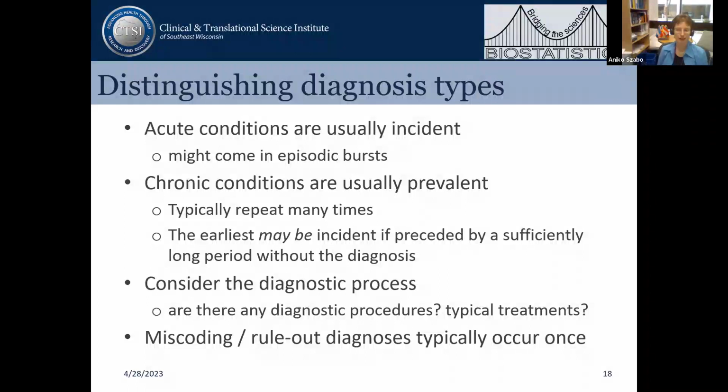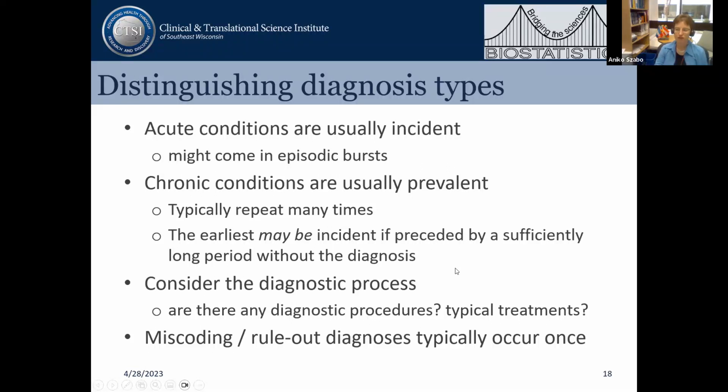They typically repeat many times, which can be helpful because you usually don't need to look back very far to figure out whether a patient has a chronic condition or not. But identifying when it's incident, so when it was newly diagnosed, is often very hard.